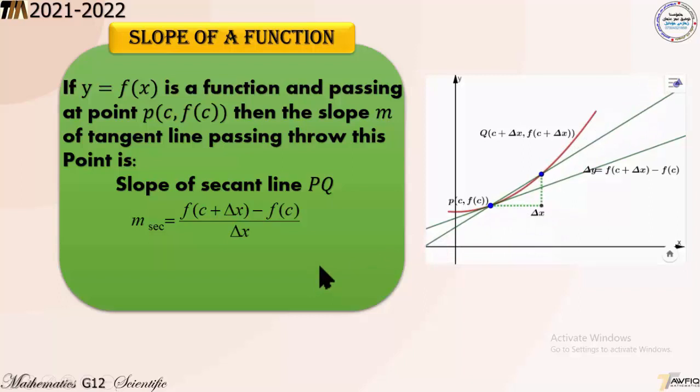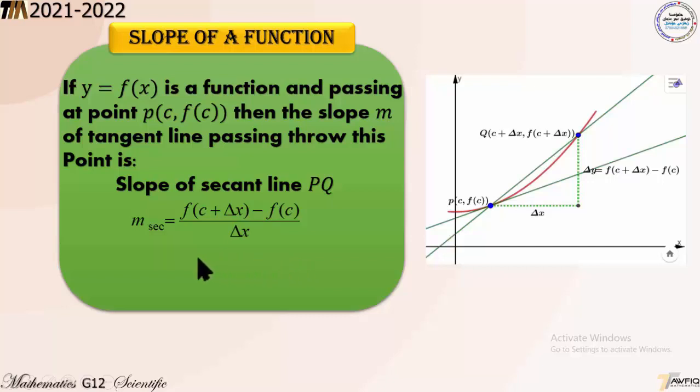That means to find the slope of the tangent line, we must take the limit of the secant line slope when delta x approaches zero.